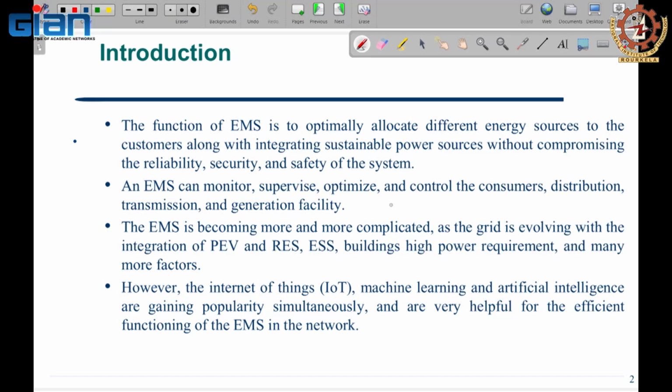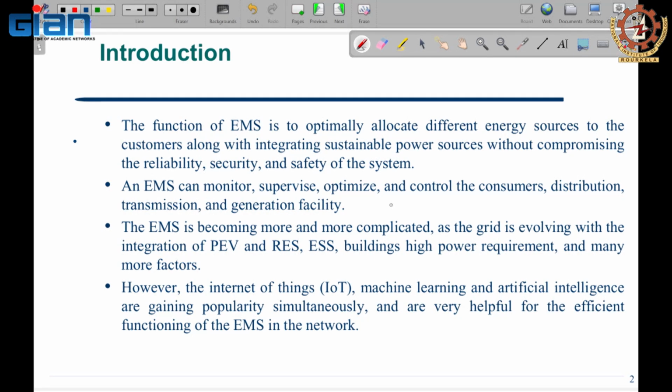However, with new tools and techniques coming up, like IoT, Internet of Things, machine learning, and AI techniques, this energy management system is getting popularity and is simultaneously helpful for the efficient functioning of energy management systems in the network.